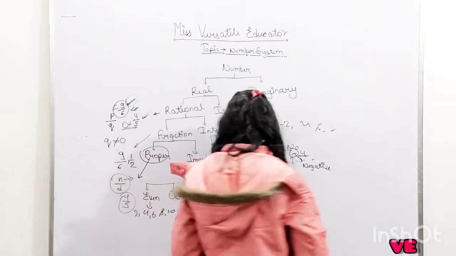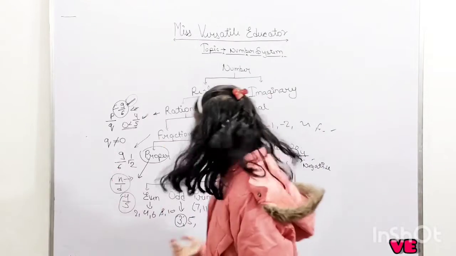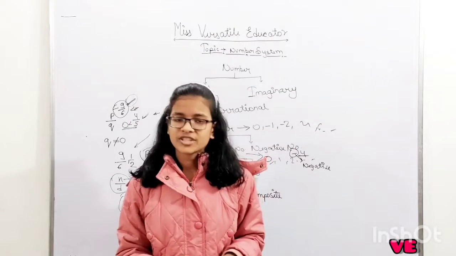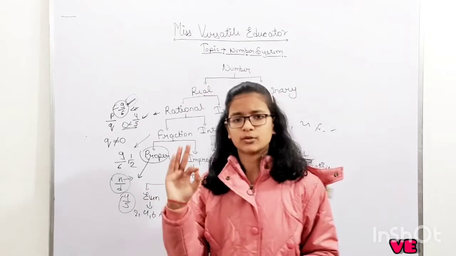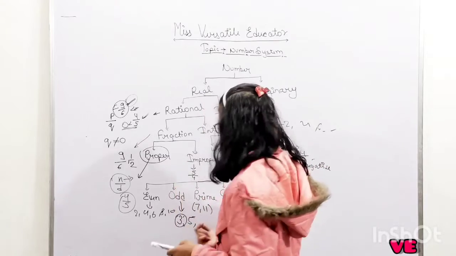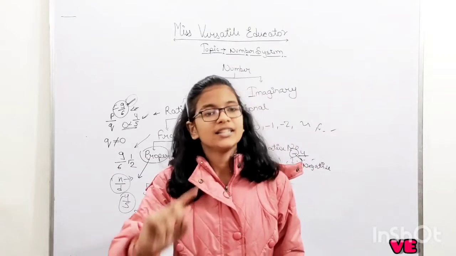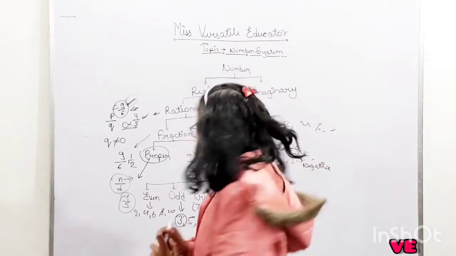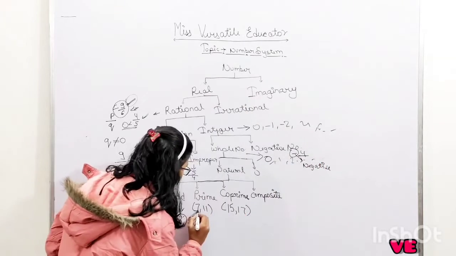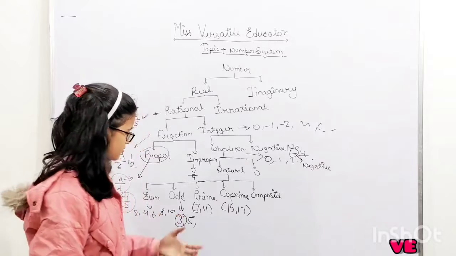Then is the prime number. Prime numbers are the numbers which have only 2 factors. Other numbers have many factors, but prime numbers have only 2 factors, that is the number 1 and the number itself. For example, let's take 7.